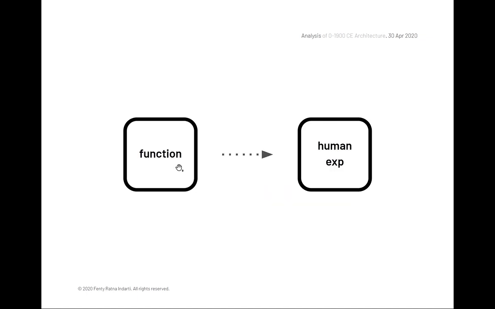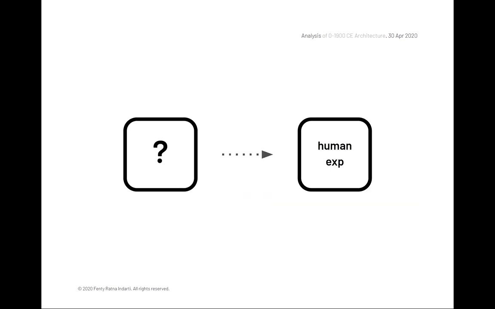Now, if we talk about human experience, then we are going to talk about venustas, which is delight. And some lecturers will say venustas is about beauty or aesthetics. But to try to understand architecture, I think it is better for us to refer to venustas as delight.